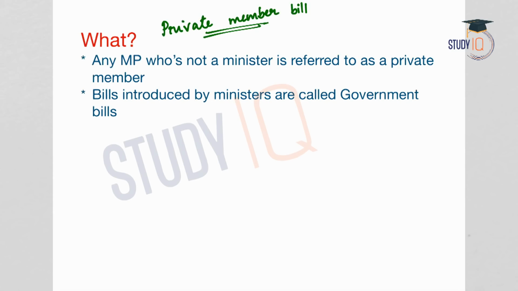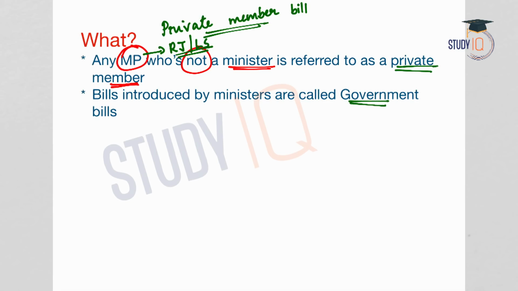So who is a private member? We have already said a member of parliament who is not a minister is referred to as a private member. If a member of parliament, either in the Rajya Sabha or in the Lok Sabha, is not a minister, he or she is referred to as a private member. And what is called a government bill?